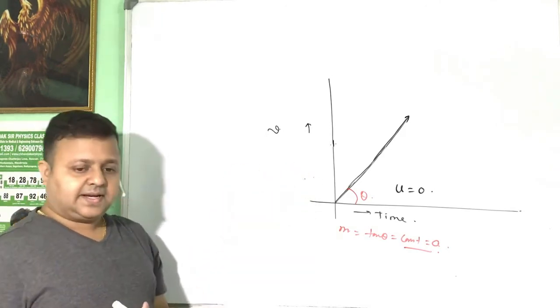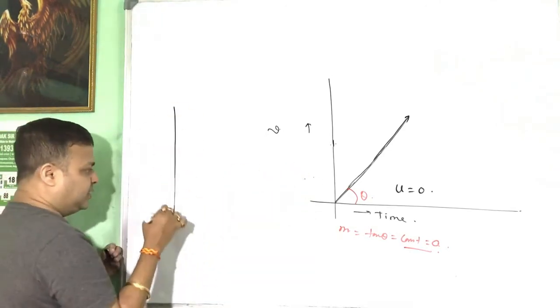If the initial velocity is 0, it starts from here. If the initial velocity is not equal to 0, then it starts from this point.